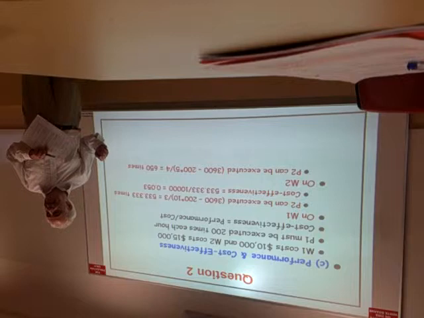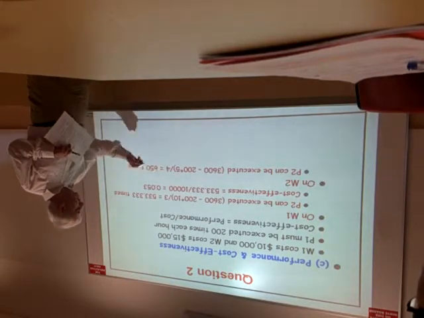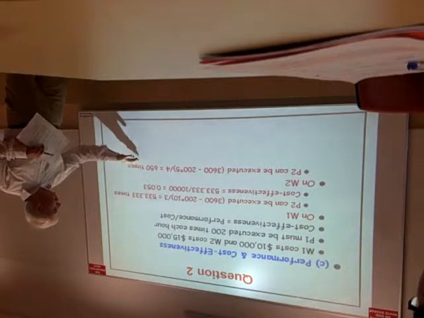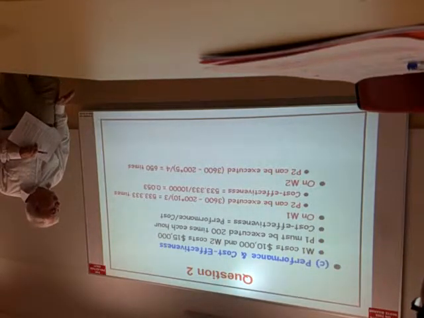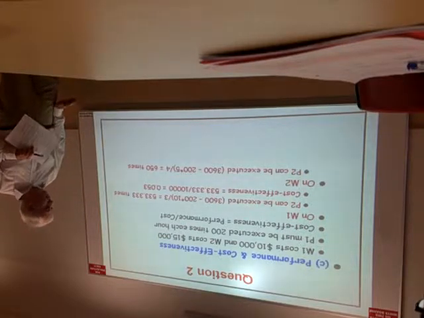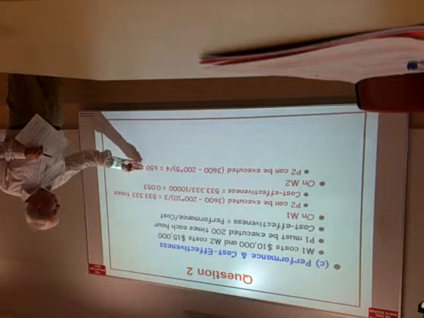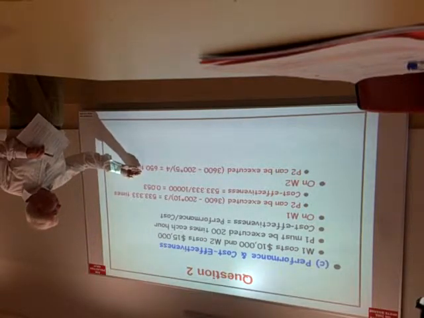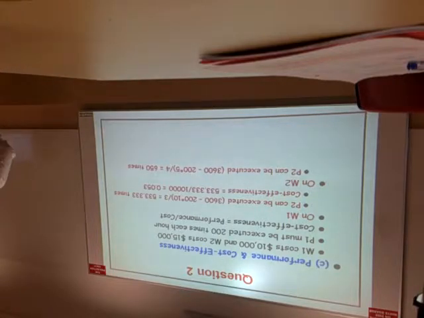And P2 takes 4 seconds on M2, so we divide by 4 to get the number of times we can execute P2 per hour, which is 650. Okay, so we can execute P2 more times per hour on machine M2 than on machine M1.